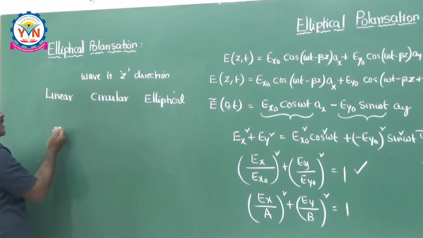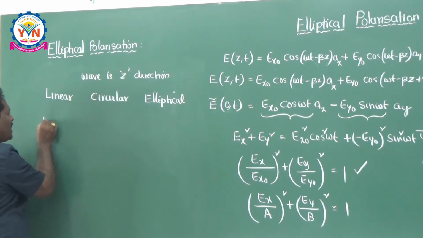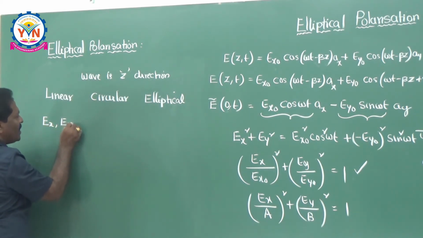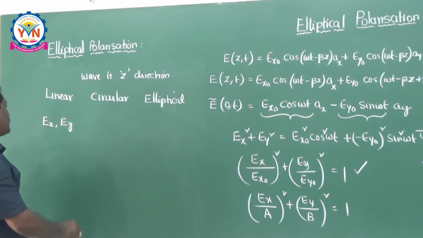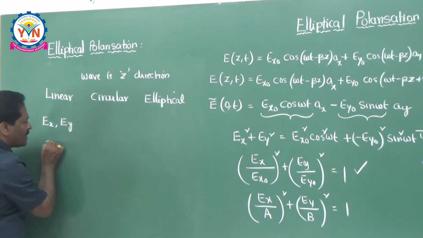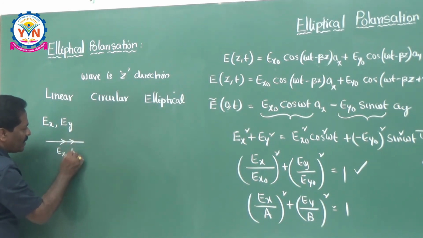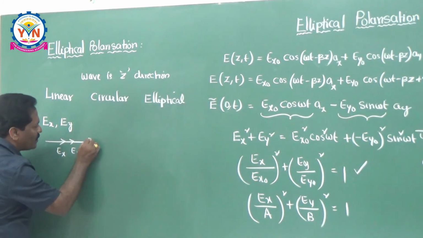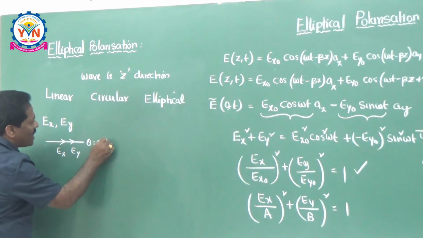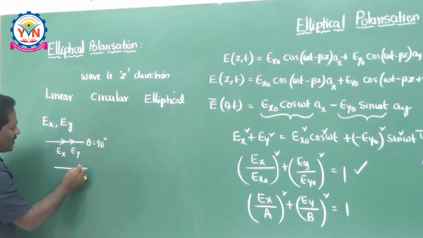In the linear polarization, Ex and Ey are always in phase. That means if you take this Ex and this Ey, theta is equal to 0 degrees. Or otherwise, it may be 180 also.